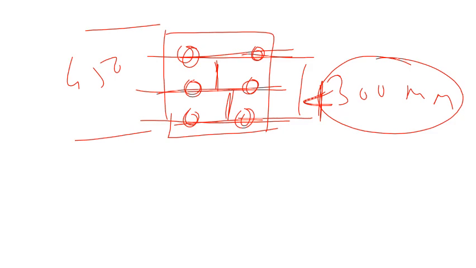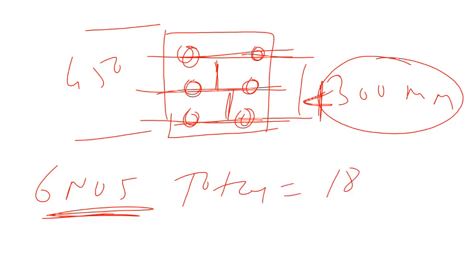So let's try to provide 6 numbers of bars. Because the total area is 1881, by reverse calculation you can find the diameter. So let's provide phi of 20 mm each.